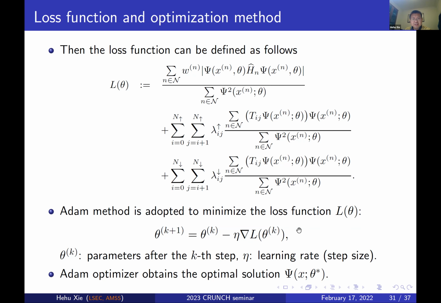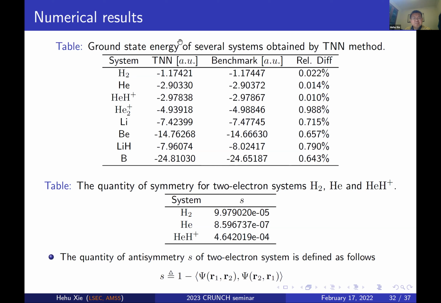Okay, this is almost the same. Then we solve these examples for molecules and atoms.